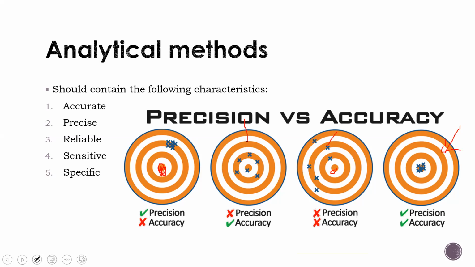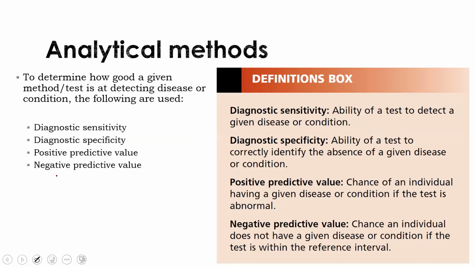Okay. Now, for it to be reliable, mga kapatid, dapat accurate siya and precise. We will define sensitivity and specificity as we proceed sa topic natin. To determine how good a given method or test is at detecting disease or condition, the following are used.